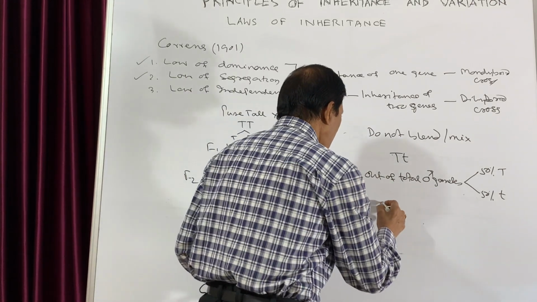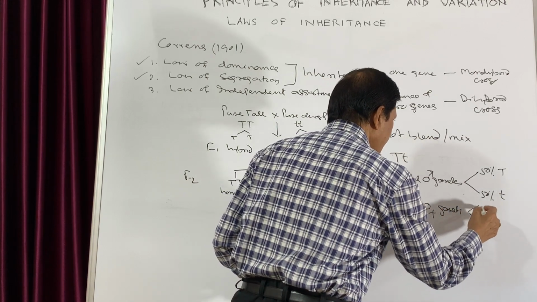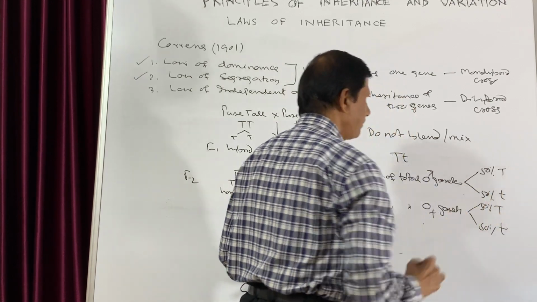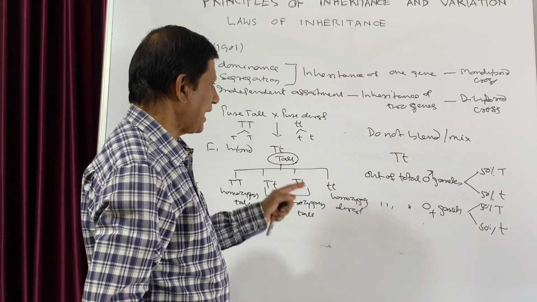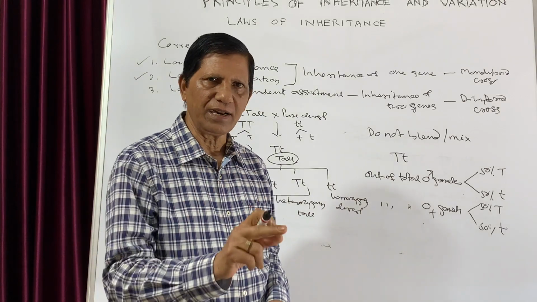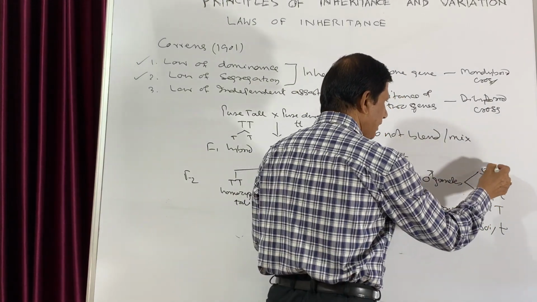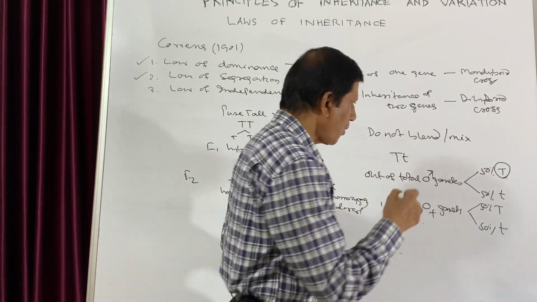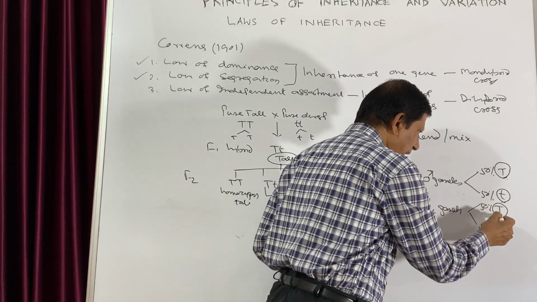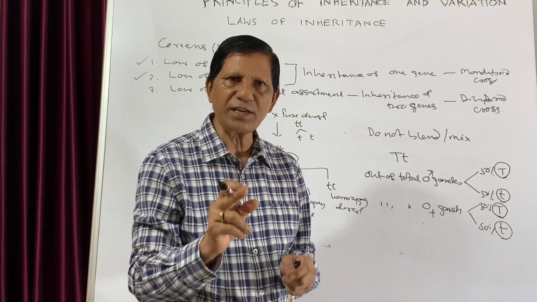Similarly, out of the total female gametes, or you can say eggs, 50% will carry capital T and 50% will carry small t. So each gamete gets only one of the alleles, either capital T or small t. In none of the gametes are both alleles present, only one is present.